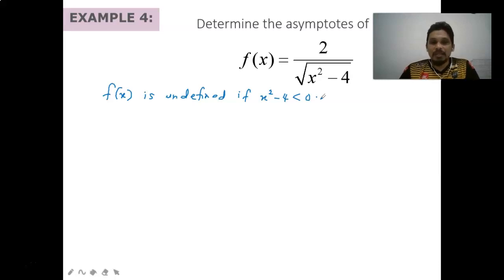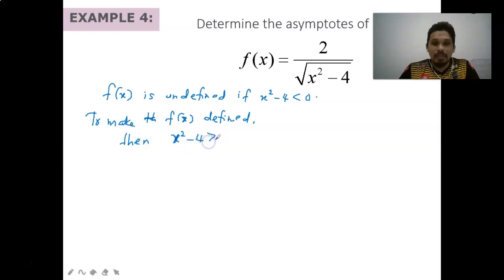So the opposite of that, to make the whole function f(x) defined, x squared minus 4 must be greater than or at least equal to 0.